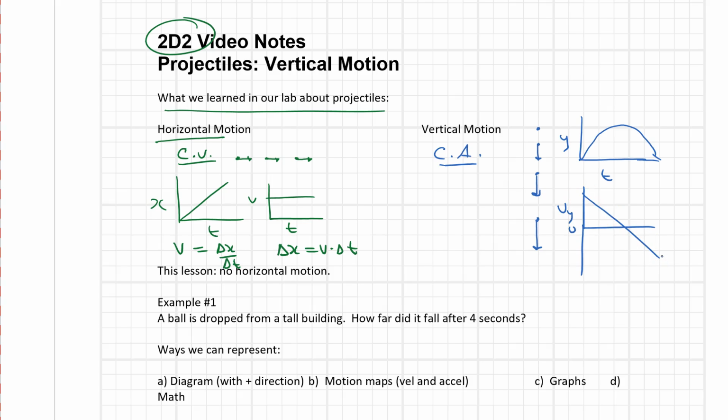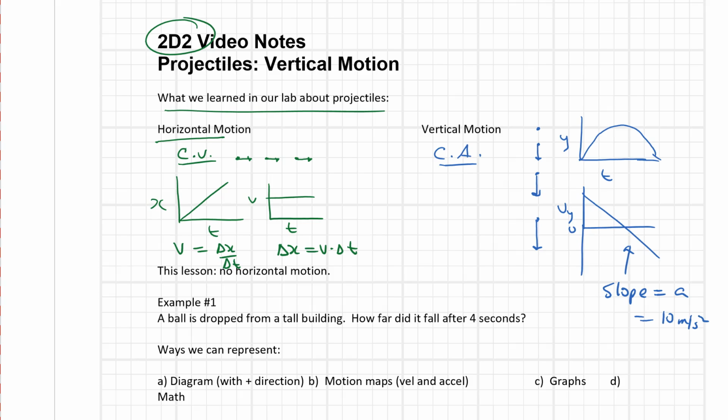If downwards is negative, we could also have one that looks like this, if we say that up is positive or down is positive. One big thing here is that the slope is the acceleration. It is actually closer to 9.8, but we're going to say it's approximately 10 meters per second squared. So that slope being 10 is a nice friendly number for us.